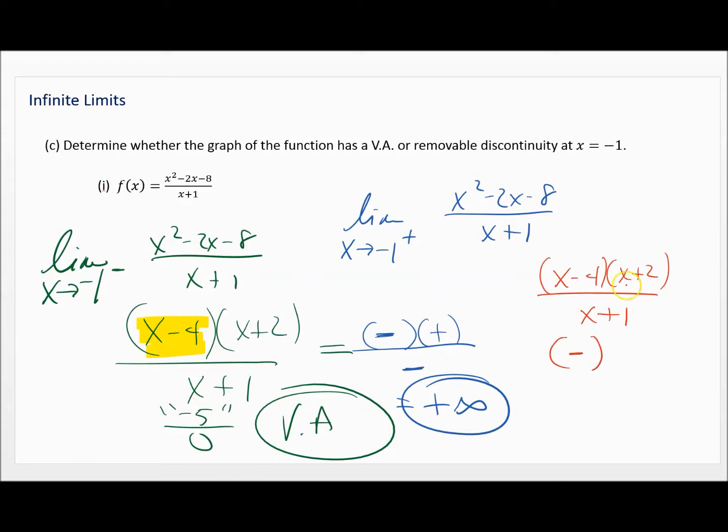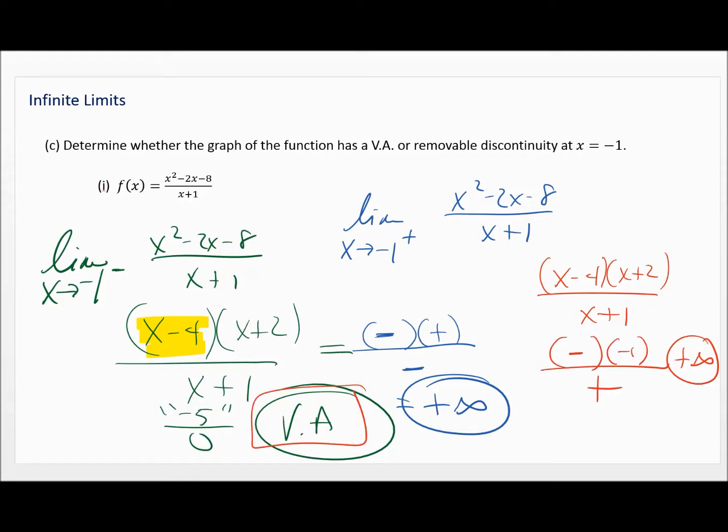A little bigger than -1 plus 2 is still negative. And then a little bigger than -1 plus 1 is positive. We have a negative times a negative divided by positive. That's also a plus infinity. And remember, if your limits go to plus or minus infinity, that means you have a vertical asymptote.